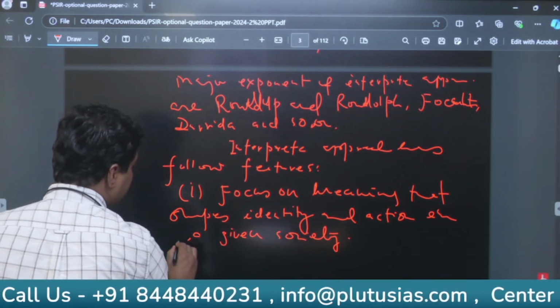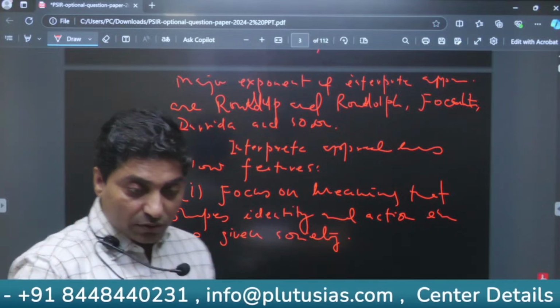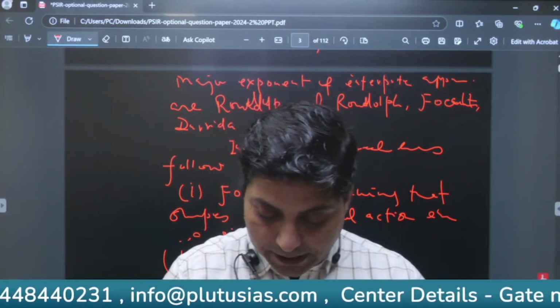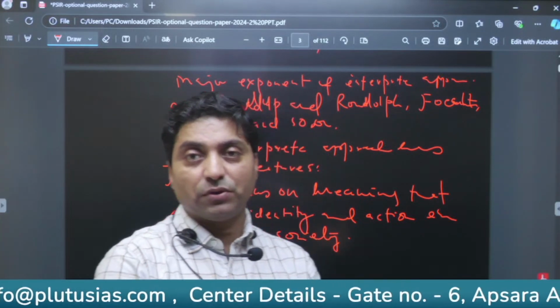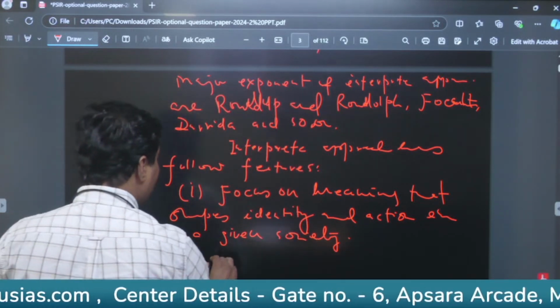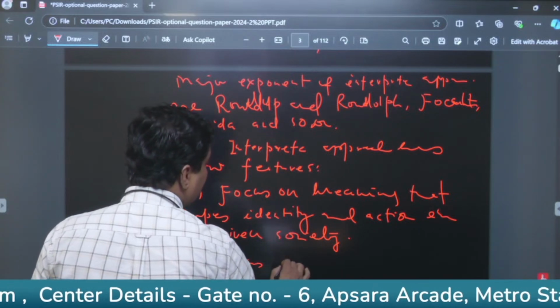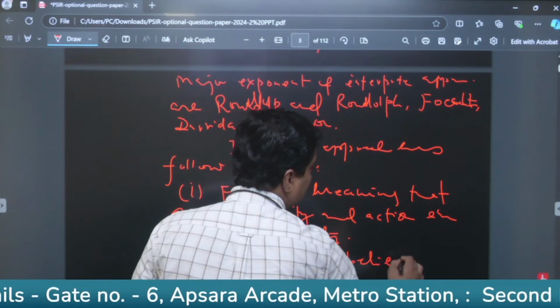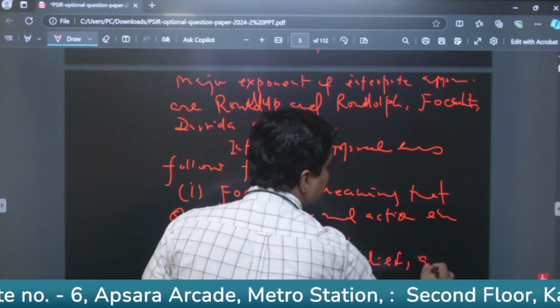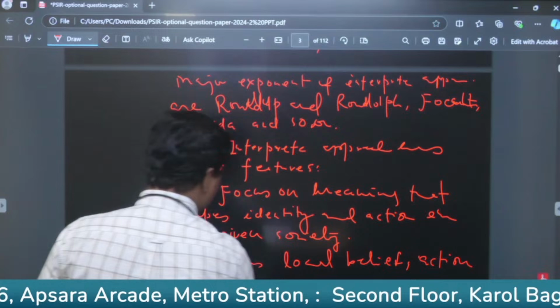Now secondly, the second feature of this approach is that it focuses on local belief, actions and the meaning of those actions.